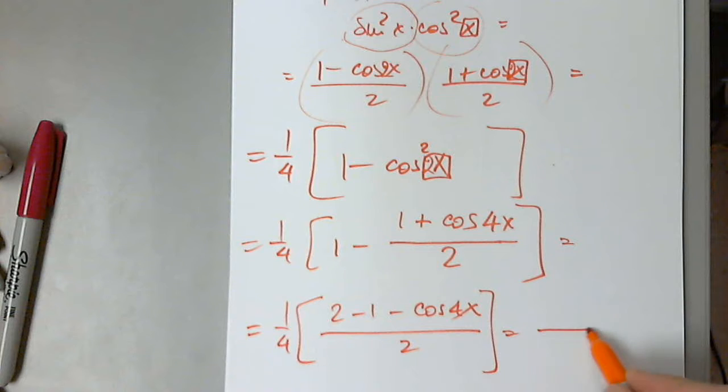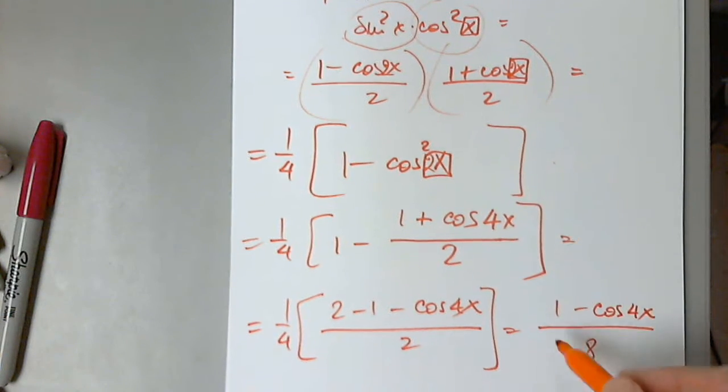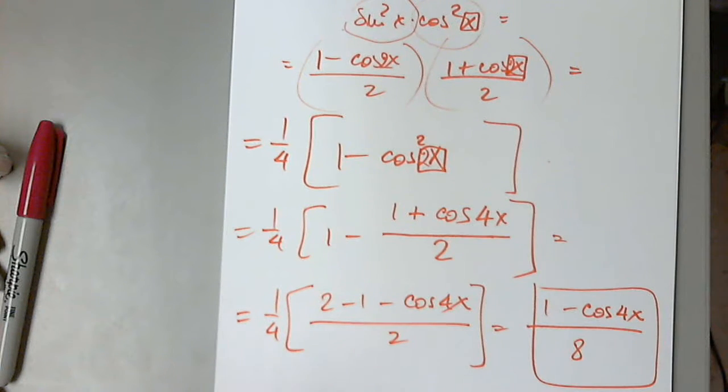So at the end, this is 8, and this is 1 minus cosine 4x. So this is a huge achievement for what follows. But right now, remember we started with the product of 2 functions, sine and cosine. We changed the whole thing into only one function, just cosine, with no power.